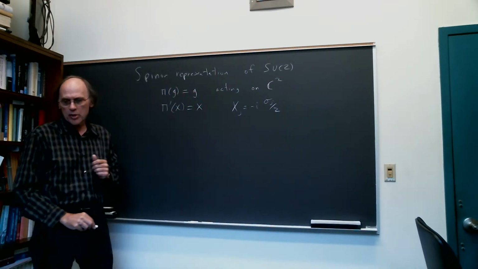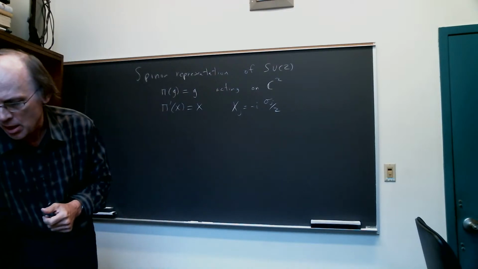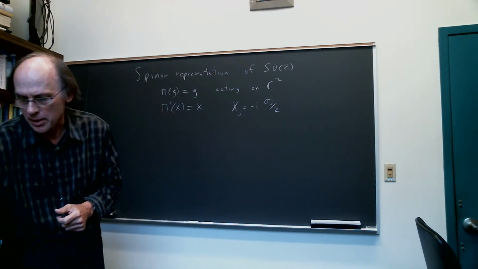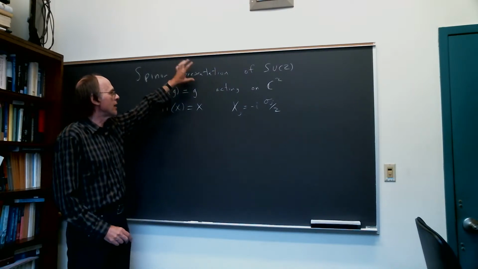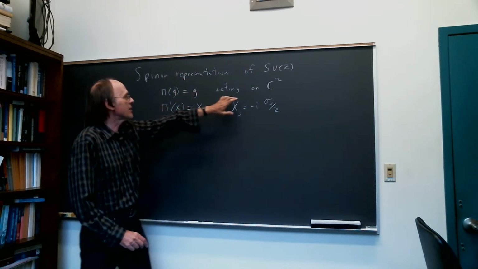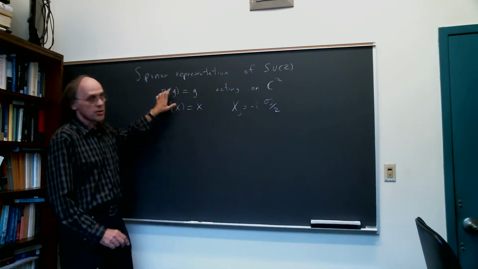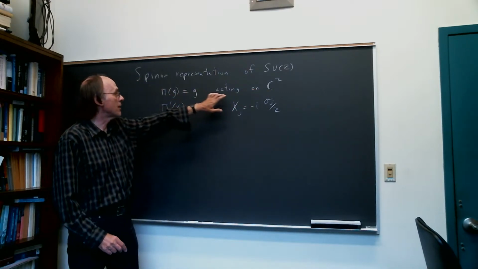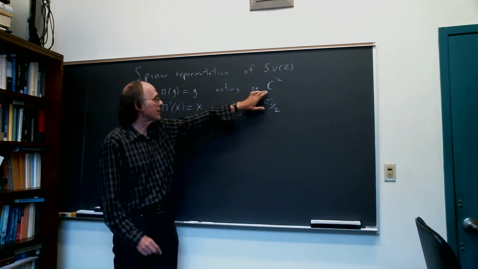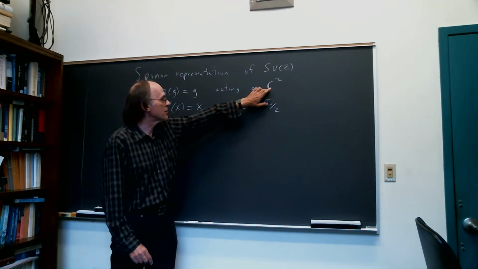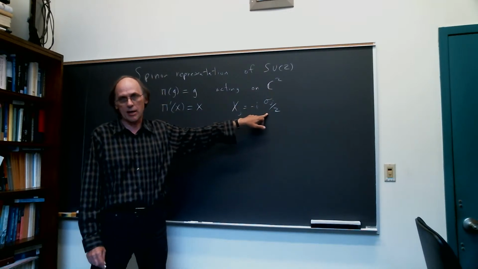So what do you have when you have this matrix? I'm saying that I've got C2 with SU2 acting on it. At the level of the Lie algebra, all I'm really saying is that I've got C2 with the sigma matrices acting on it.